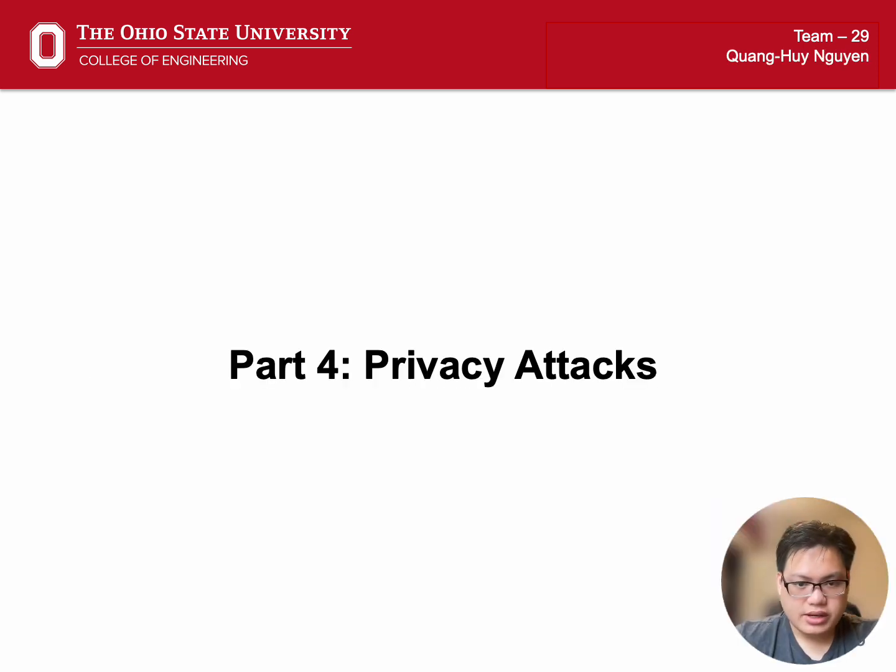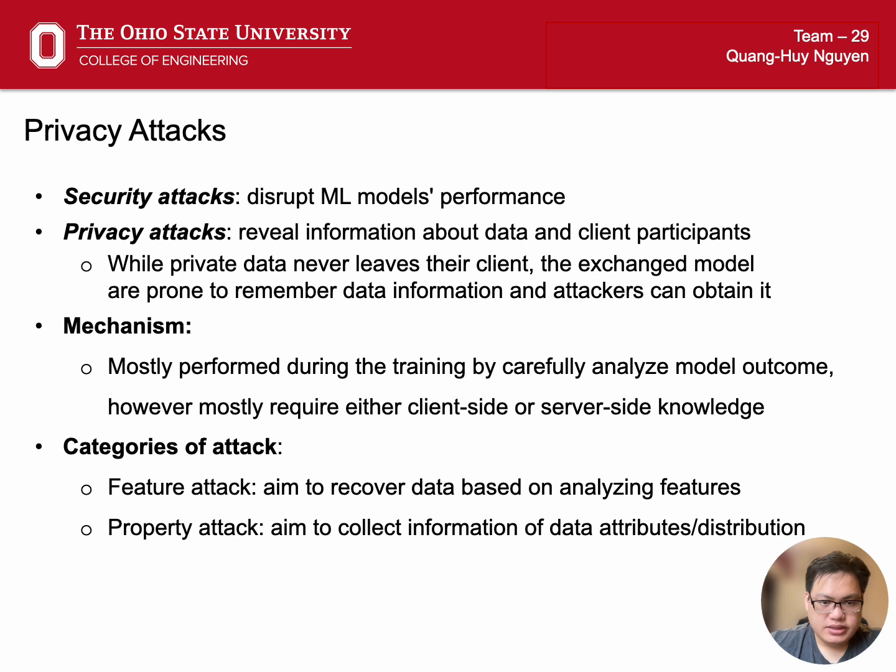Okay, in this session, I'm going to discuss several techniques for privacy attack in federated learning systems. Different from security attack, which disrupts machine learning models' performance, privacy attack reveals information about data and client participants, while this data information never leaves the client.